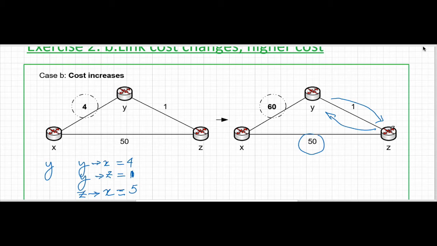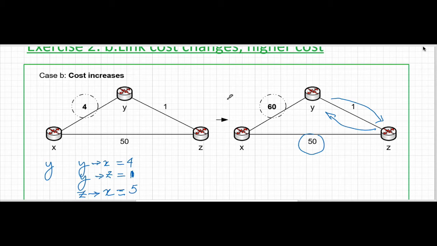Because Z knows that it's going to use Y to go to X. So anytime that a node is going to use another node to get to a destination, it's going to introduce this lie on purpose. Why? Because in that way, the other node is not going to use the first node to reach the destination. In this case, if Y knows that Z cannot reach X, Y is never going to use Z to go to X, and we're going to avoid this problem.